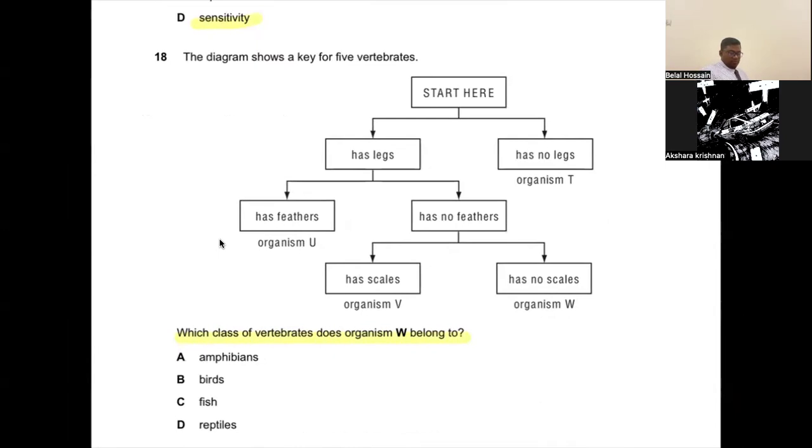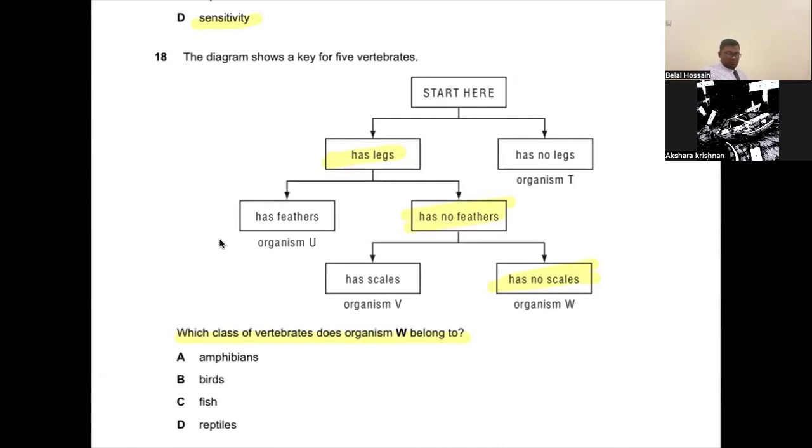Pigeon has legs. Does not have any feathers. Has no legs, has no feathers, has scales. Amphibians. Okay, how did you come up with the conclusion, explanation please?